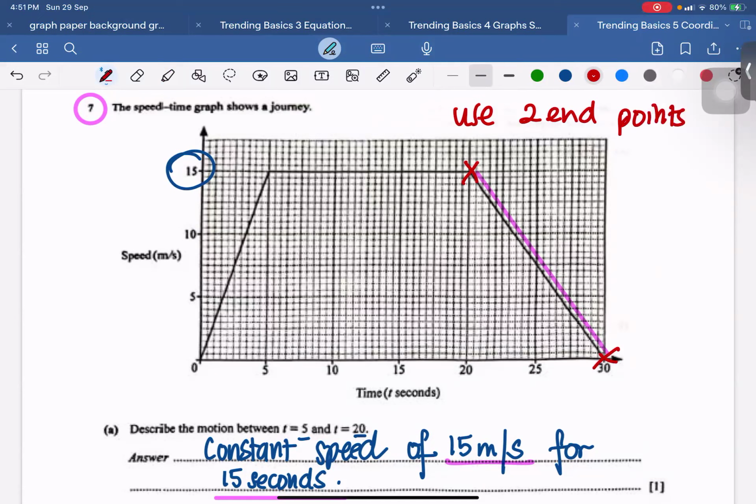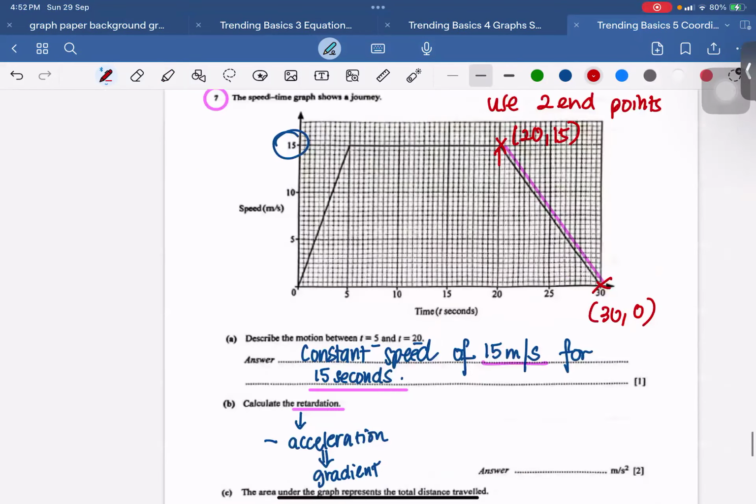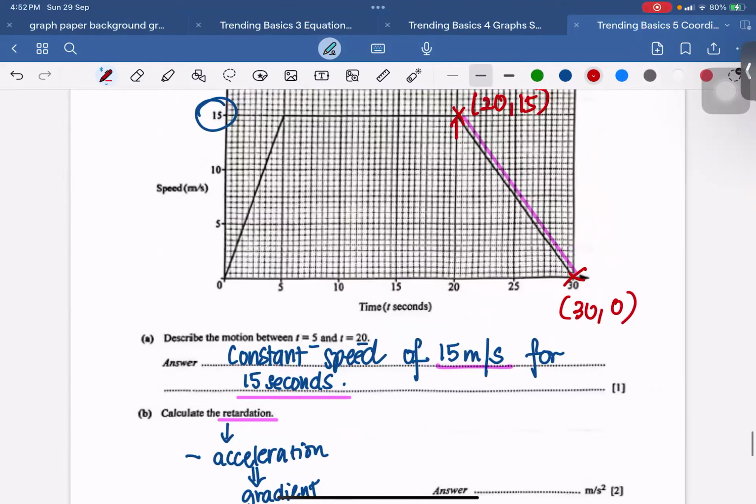Okay, this timing here, 20, 15, 30, 0. Y2 minus Y1. Remember, a retardation is negative of my gradient. Y2 minus Y1: 15 minus 0.